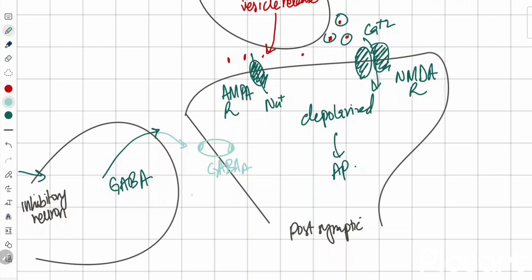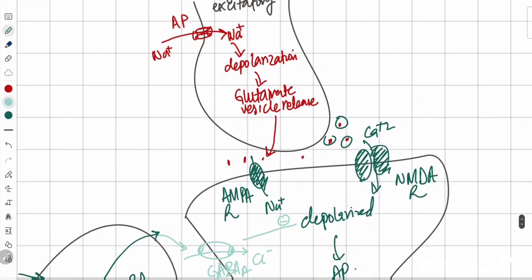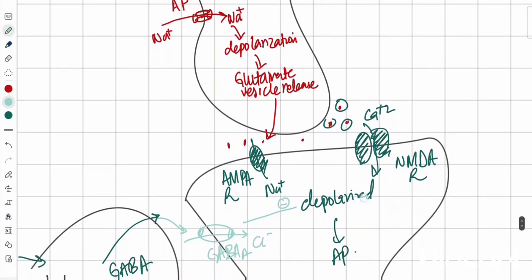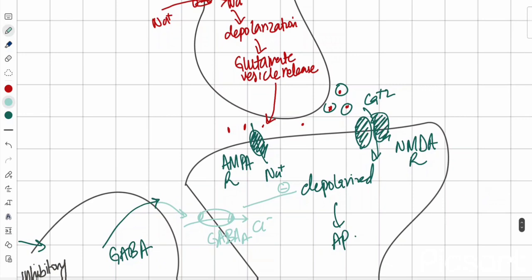This causes influx of chloride, which causes repolarization. So this gives negative feedback to the depolarization. But again, this looks simple, but there are two more things and then you're good to go.